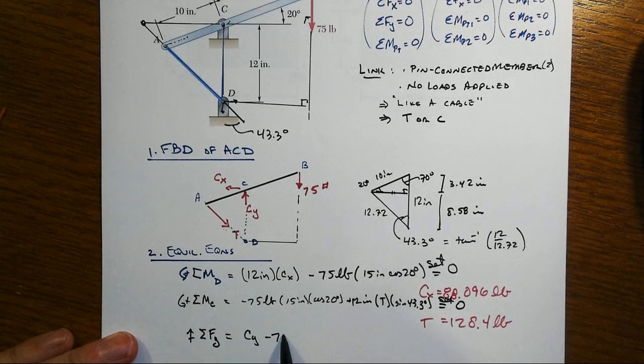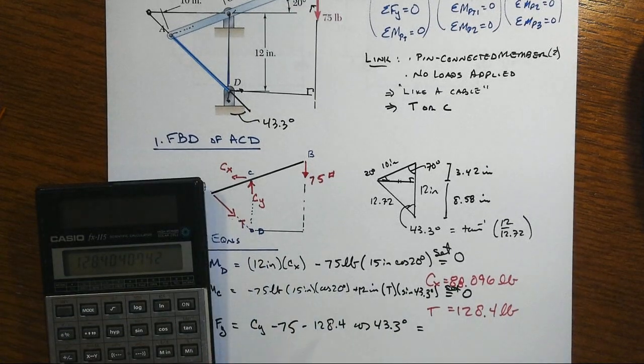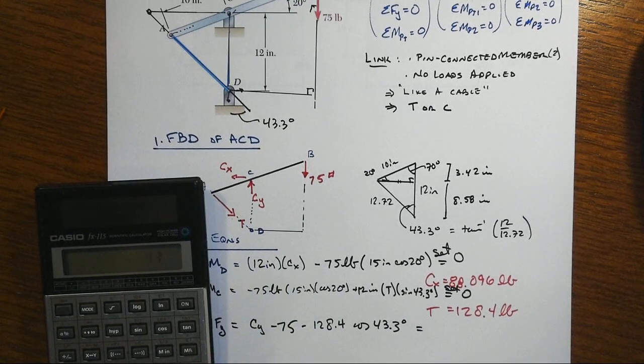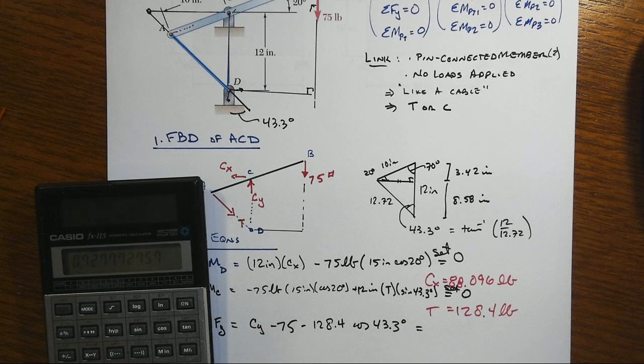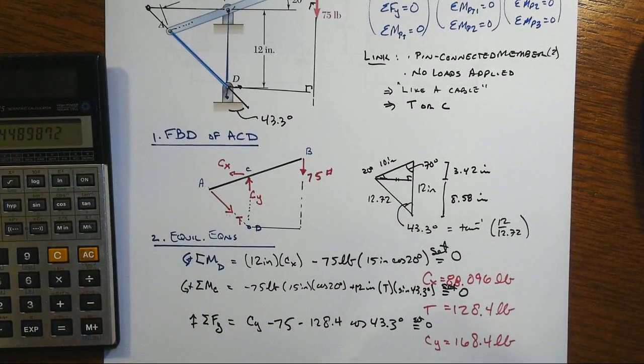We'll have Cy minus 75 minus the y component of T, which is 128.4 times cosine of 43.3 degrees. And then we're going to have that Cy equals 168.4 pounds.